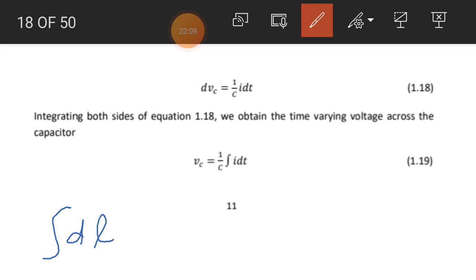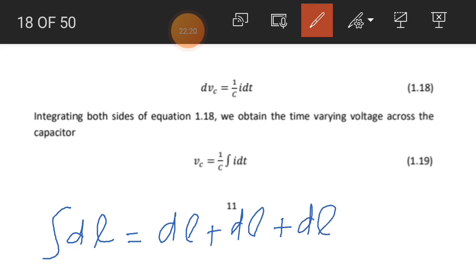The integration of dl means that we add all the differential lengths of this line, and the summation of all the differential lengths gives you the total length of this line. So what is differential length? Differential length is a very, very small segment of the total length.